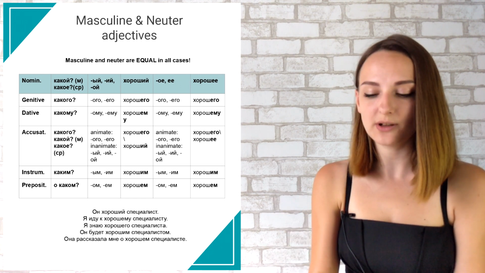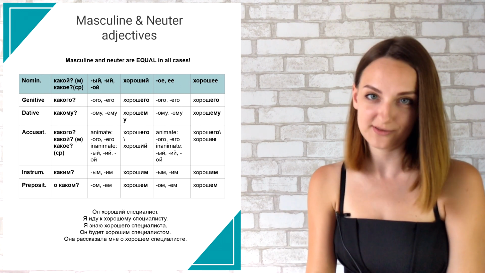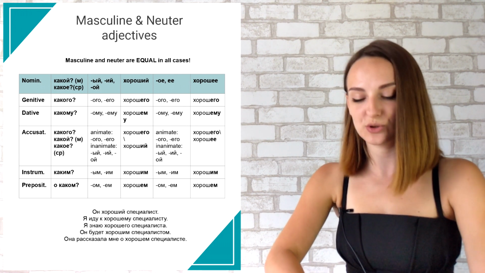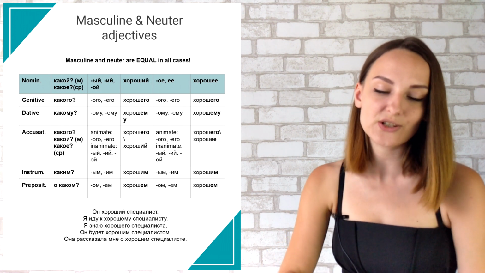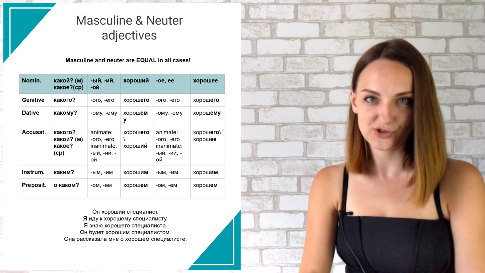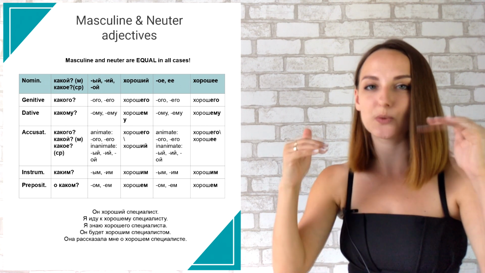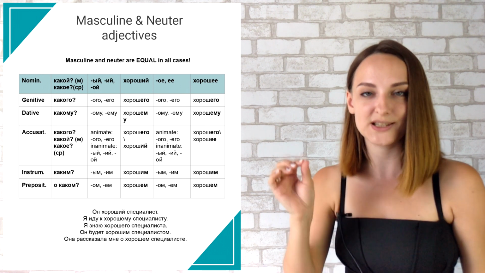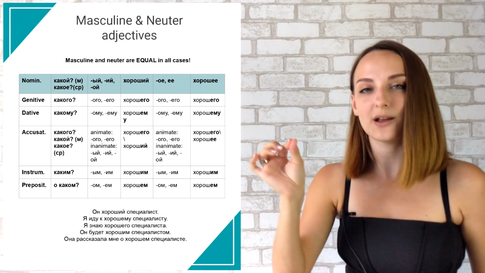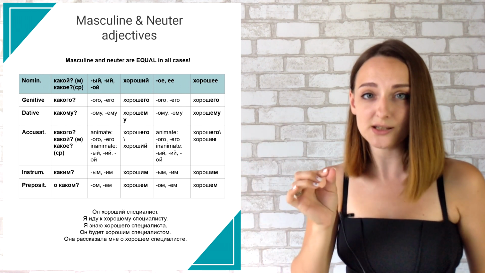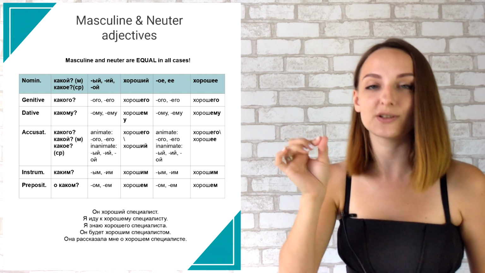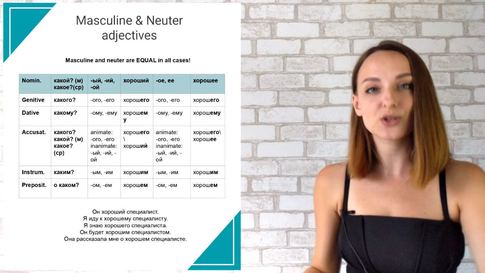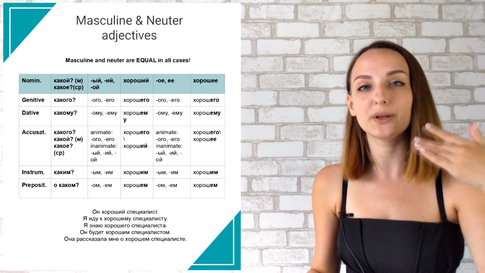Now, masculine and neuter adjectives. And here again we have a good news, that masculine and neuter adjectives will be equal between themselves. So, for example, genitive form will be the same for masculine and for neuter adjective. Dative form will be the same for masculine and for neuter. And so on. All the forms will be equal.